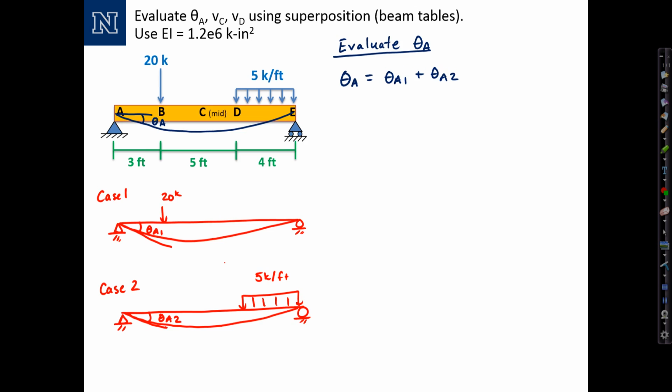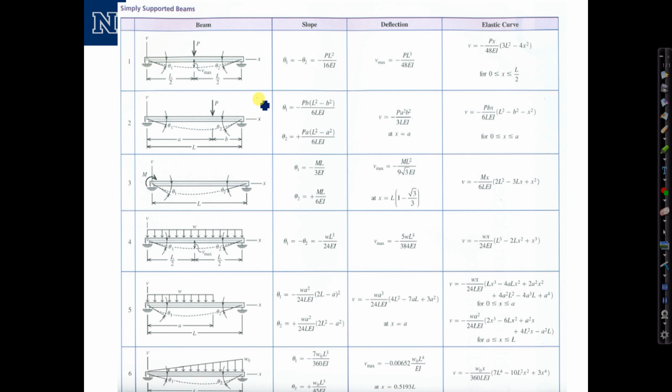Starting with case 1, let's look at it. The point load. Okay, it says theta 1 equal to negative PB (L squared minus B squared) over 6LEI. Theta 2, which one should we use? Well, if we stick strictly with this, we can use theta A, theta 1 equal to PB times (L squared minus B squared) over 6LEI.